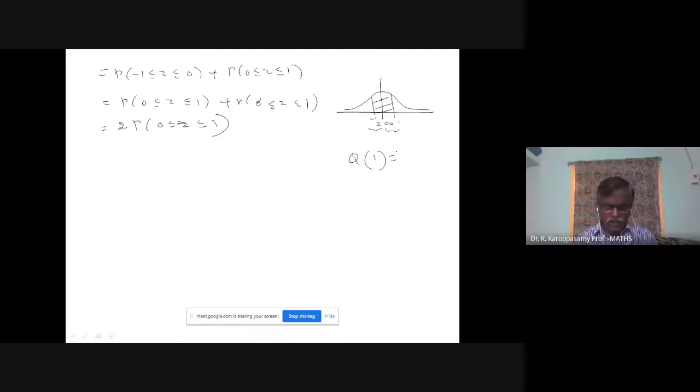Your calculator will display 0.34134. So this is this value. Now you multiply with 2, which gives 0.68268.